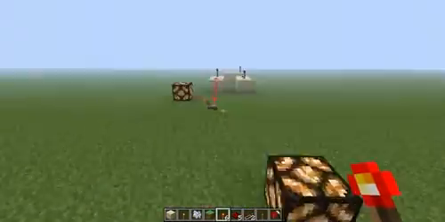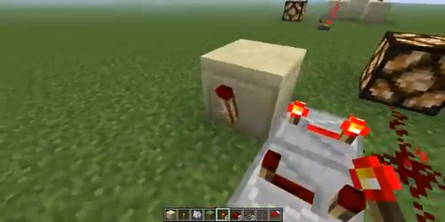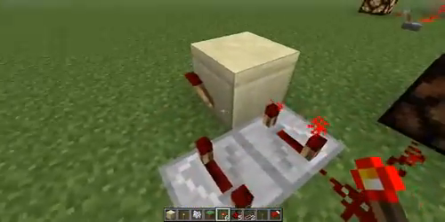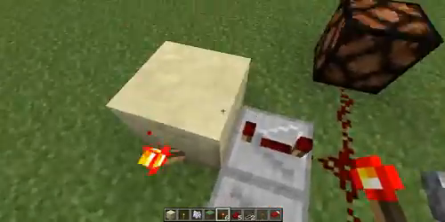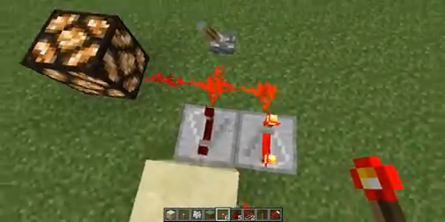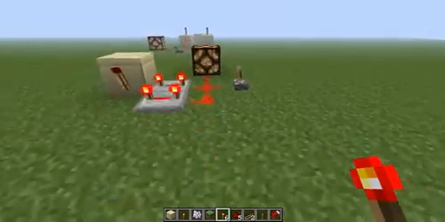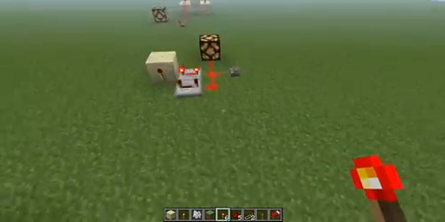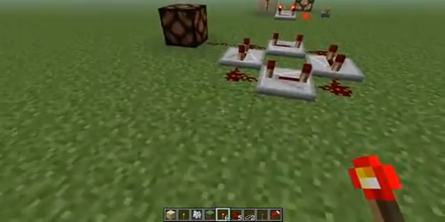So it's similar to that, just there is only one torch, and to keep it from burning out we have these repeaters to make a delay. Pretty simple.